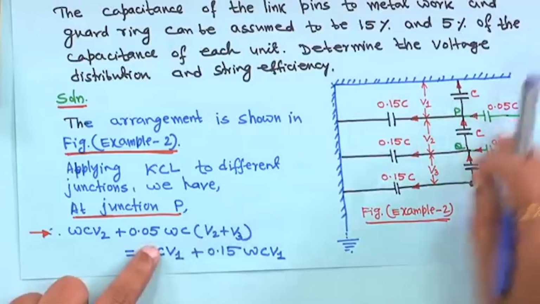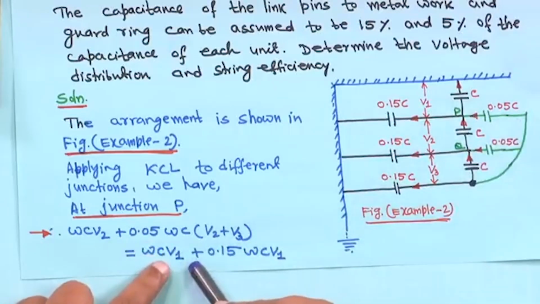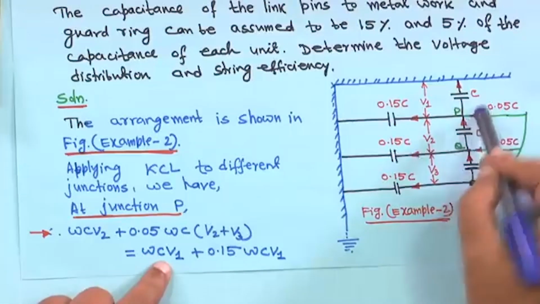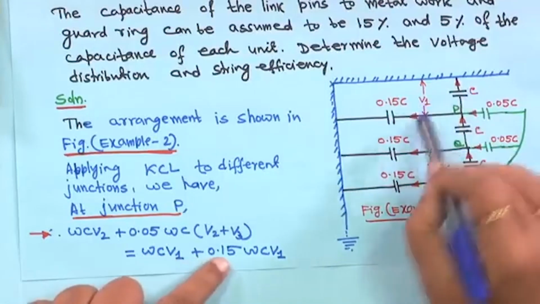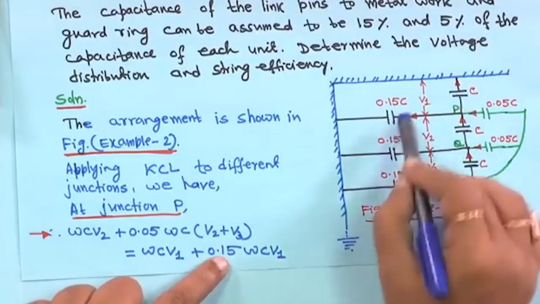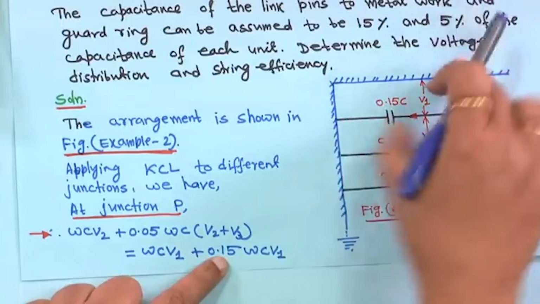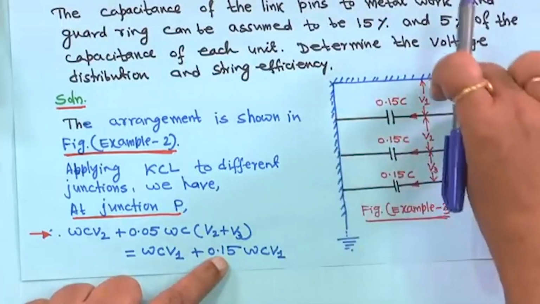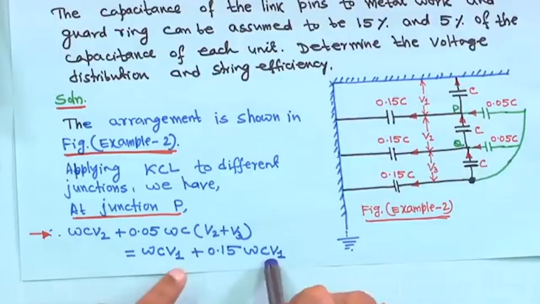Then, by Kirchhoff's first law, this is equal to omega C V1 plus 0.15 omega C V1, because the voltage across this is V1.